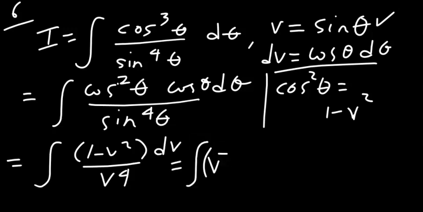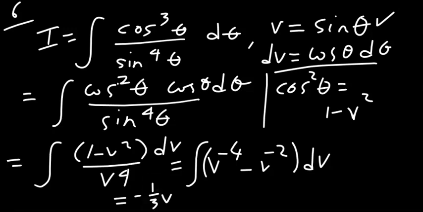Which is integrating v to the power minus 4 minus v to the power minus 2 with respect to v. Now that is just minus 1 over 3 v to the power minus 3 minus v to the power minus 1 plus an overall integration constant.